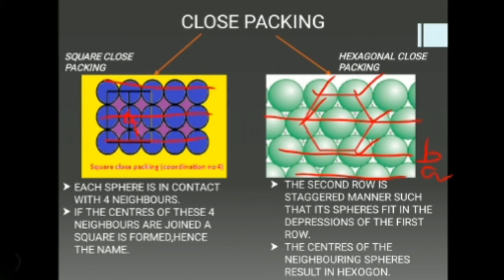They will have 6 neighbors. Hence, if you join the centers of all its neighbors, this is the bride sitting in between, you get a hexagon, and hence it is named hexagonal close packing.